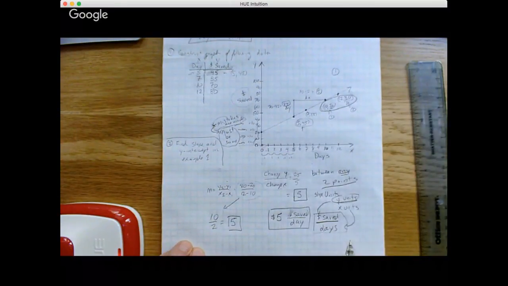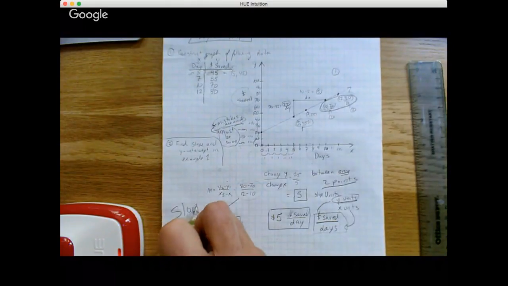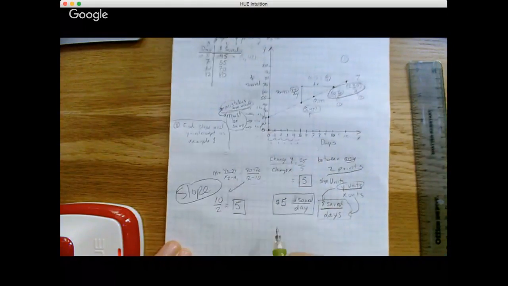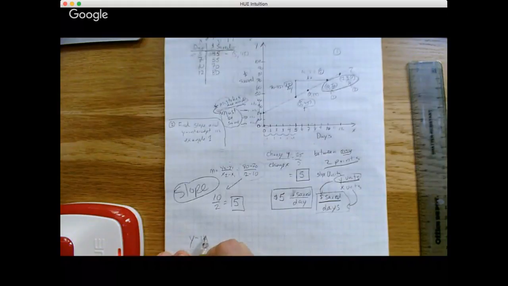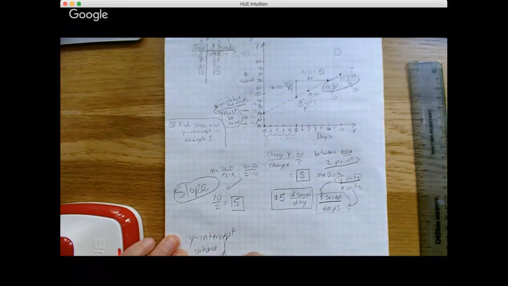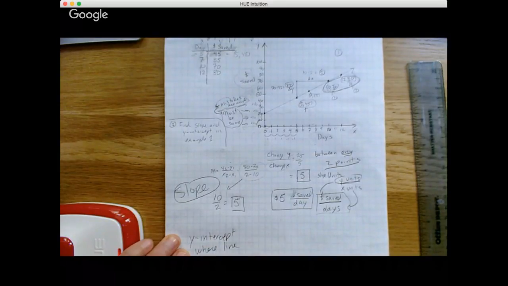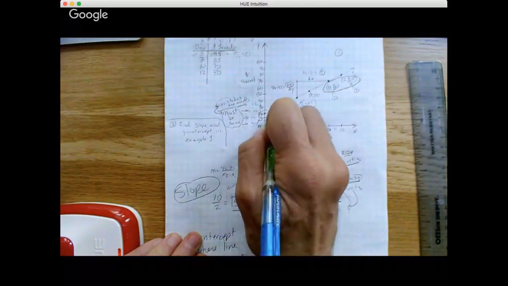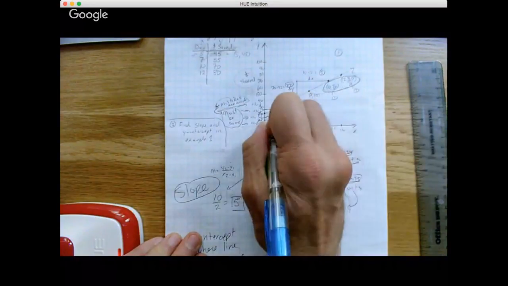Now, where is our y-intercept? That was our slope, and now our y-intercept is where the line intercepts or hits the y-axis, right here. So that's at 20.